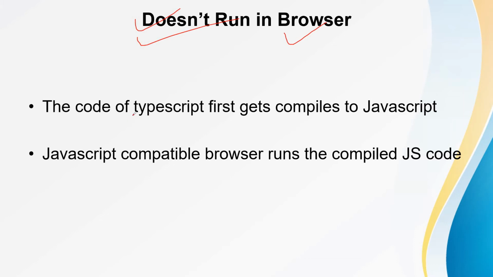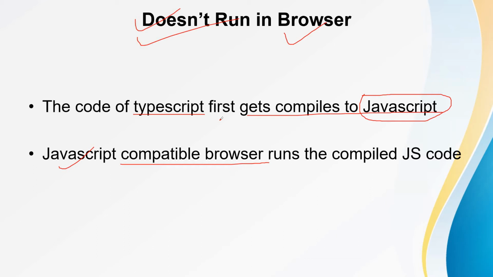Basically, any TypeScript code that you write is first compiled into JavaScript. After getting compiled into JavaScript, that JavaScript code starts running in a compatible browser wherever JavaScript can be executed, like Chrome, Edge, or Internet Explorer.